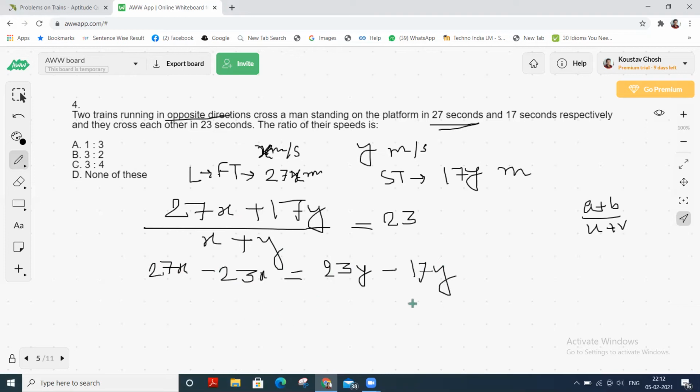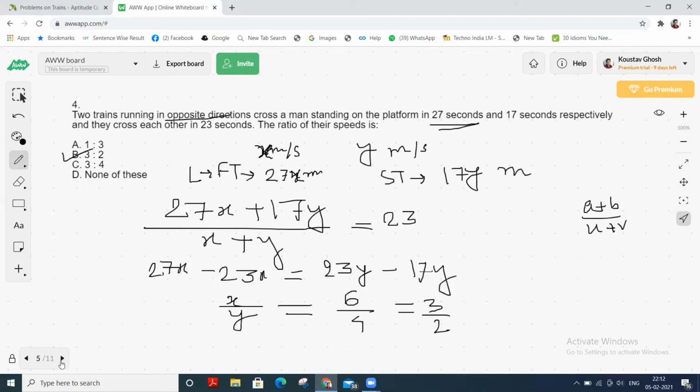So 4x equals 6y, so x is to y is 6 by 4, which is nothing but 3 by 2. So 3 is to 2 is the answer.